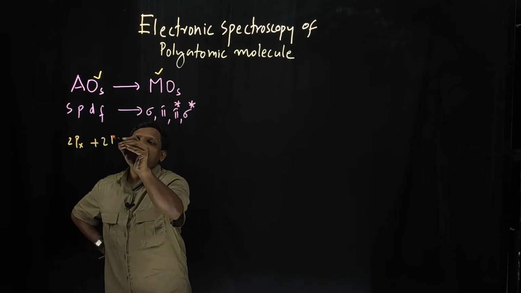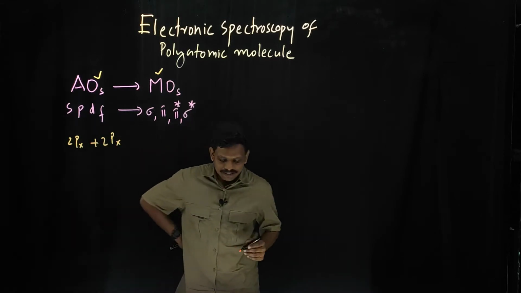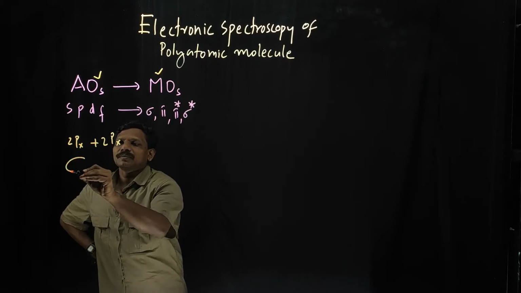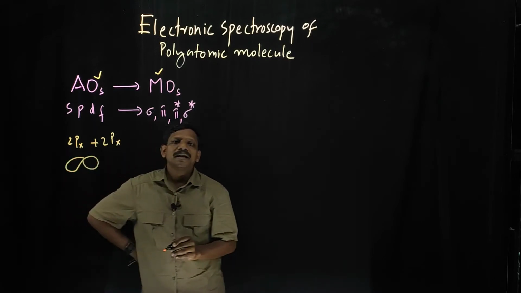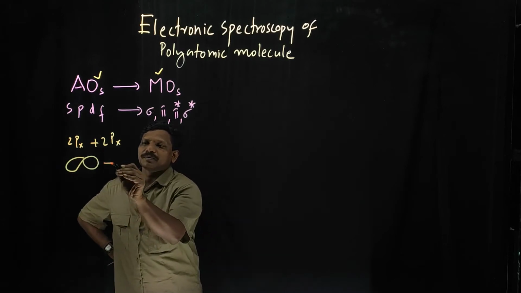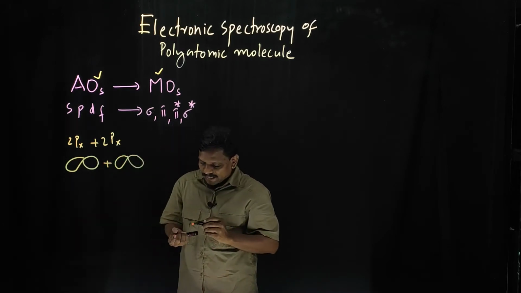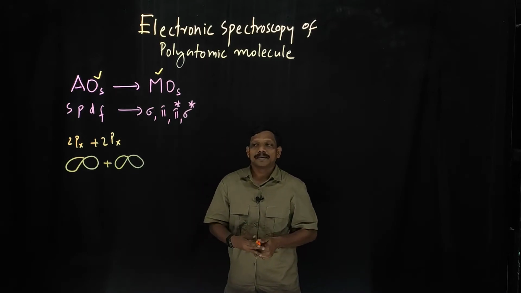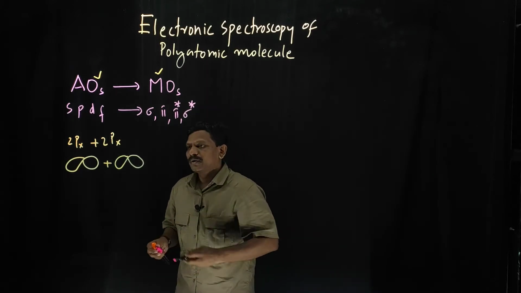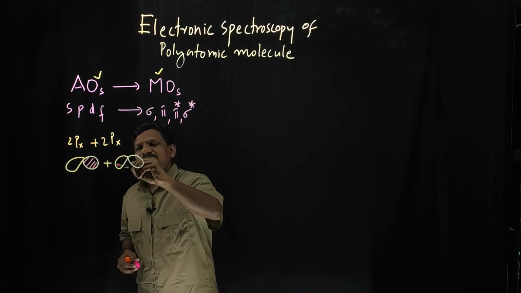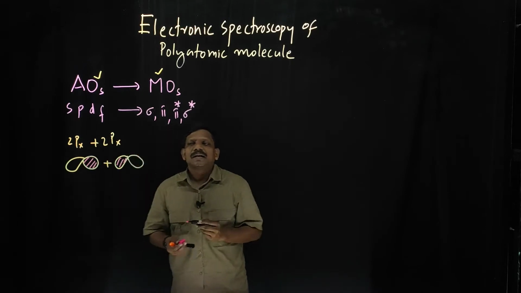plus 2px orbital. What is the shape of 2px? You know that the shape of 2px is the dumbbell shape, plus another dumbbell shape. This is called a linear type overlapping of p orbitals. Normally we represent the phase of the orbitals like this.